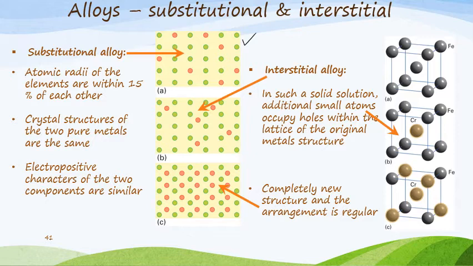So you can see that in diagram A above, they occupy actual positions, but in diagram B, as I've indicated by the orange arrow over here, and now the little black arrow, you see that the red atom occupies holes in between the green atoms. Sometimes what can happen is that all the holes can be filled and we end up with a completely new structure, and the arrangement is quite regular, as you see in part C of the diagram at the bottom of the slide here.